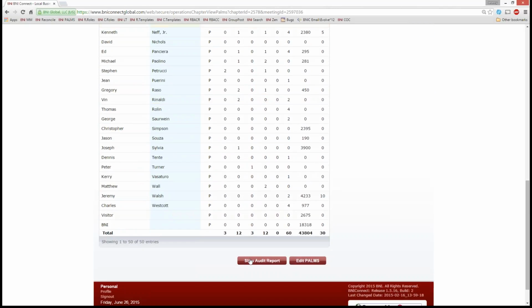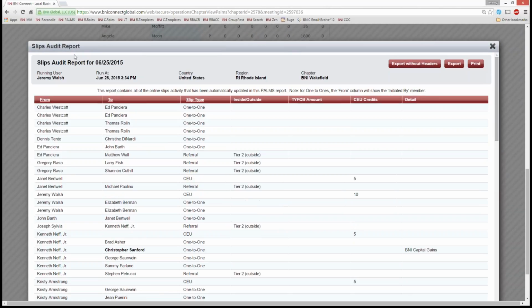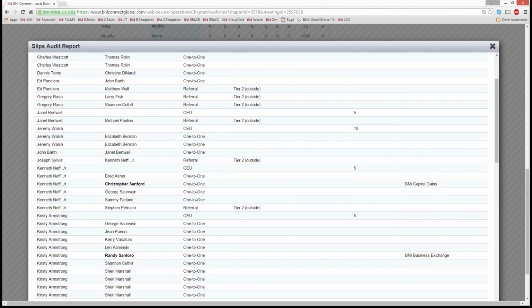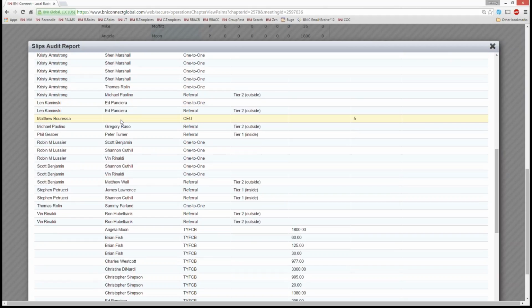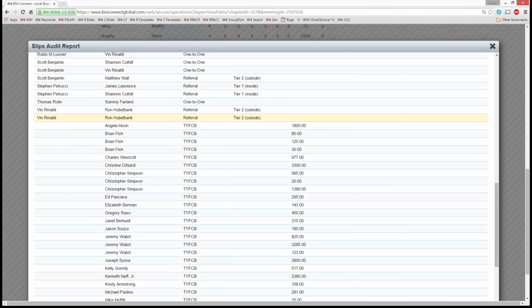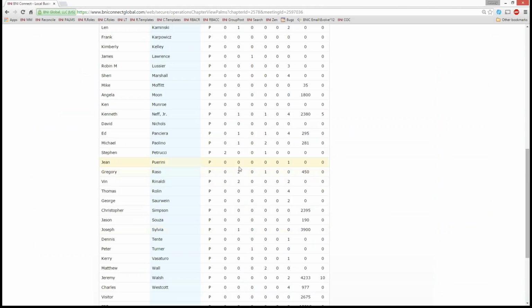Now we can also view the slips audit report, and this will show us all of the online activity that was entered by the members. So going back to, I think it was Chris's question back in the beginning, Chris asked, how do we avoid duplicates? Well, first of all, if people are entering them online, the credit will appear there, and most people aren't going to have a paper referral and an electronic referral for the same person on the same week.